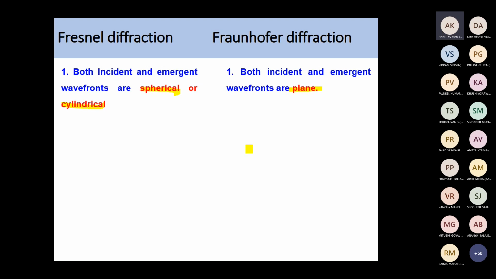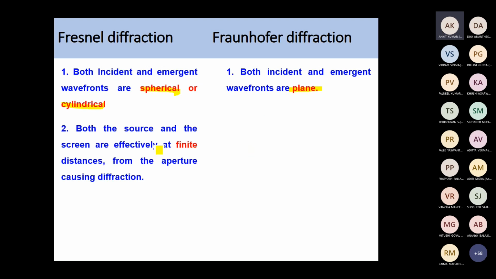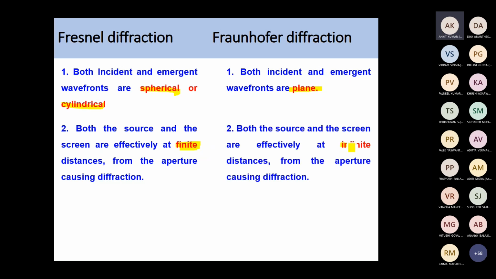Here you will see both the source and the screen are effectively at finite distances. That is, the source as well as the screen at which the diffraction pattern forms are at finite distance. In the case of Fraunhofer diffraction, the screen is at infinite distance, the source is also at infinite distance. So that means the waves are to be plane.